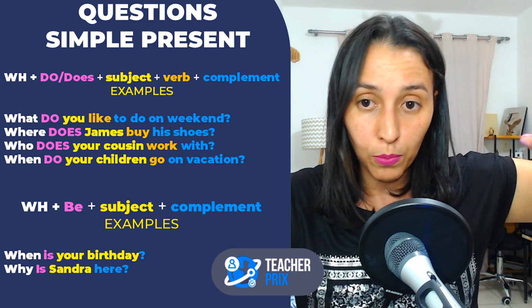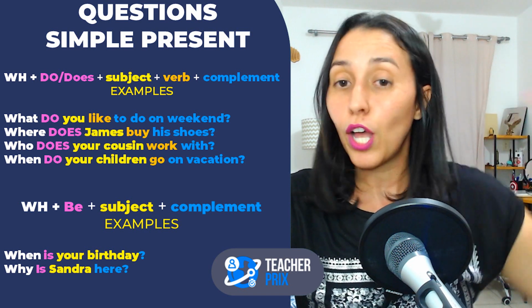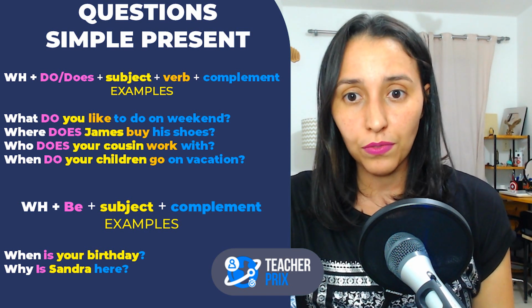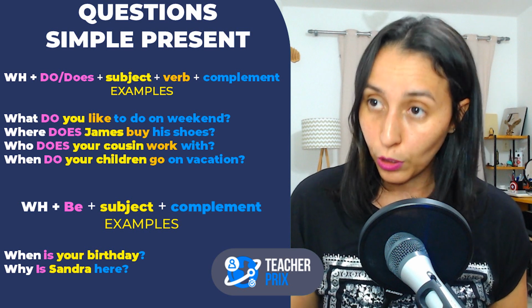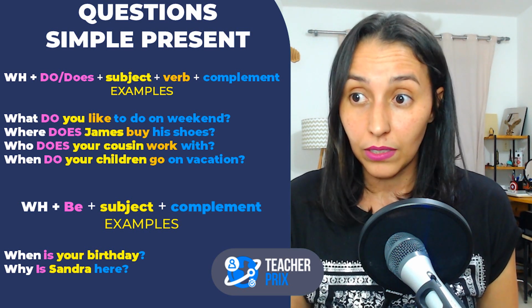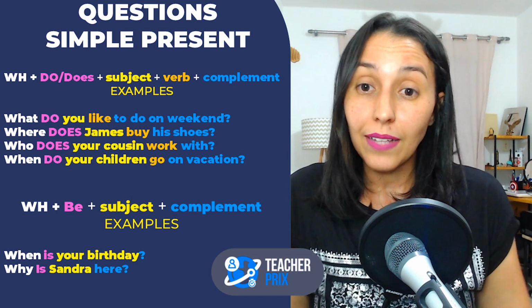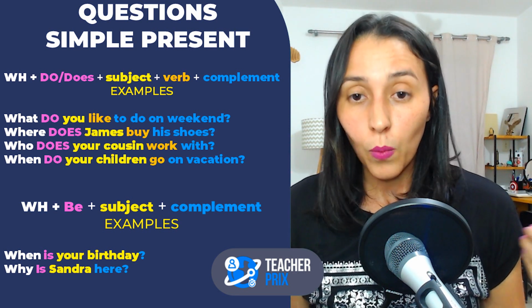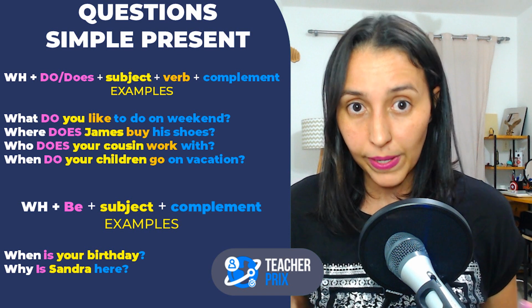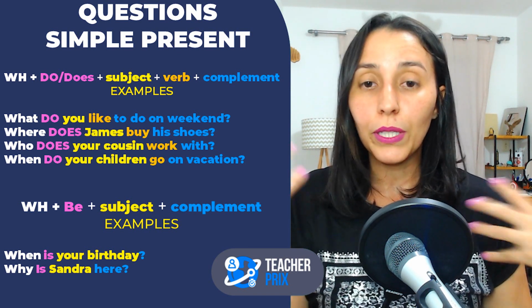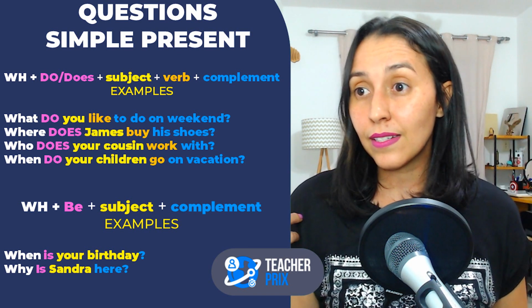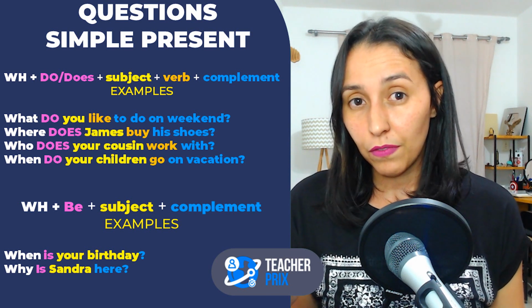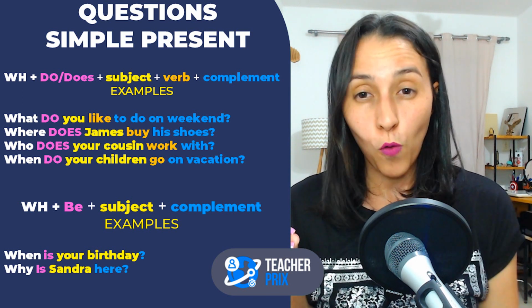Okay, so if you pay attention here to the simple present explanation, when I use verb to be in the simple present, not present continuous, it's not possible for me to have another verb. The questions with verb to be are more limited, okay? Basically, I'm not saying this is a rule, but in most situations, when I ask questions in the simple present with verb to be, they will usually be connected to feelings, very easy pieces of information, nouns, I'm confirming things.